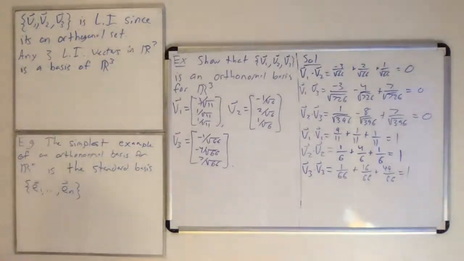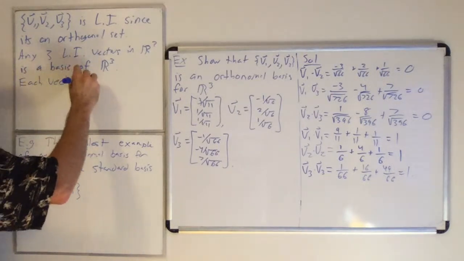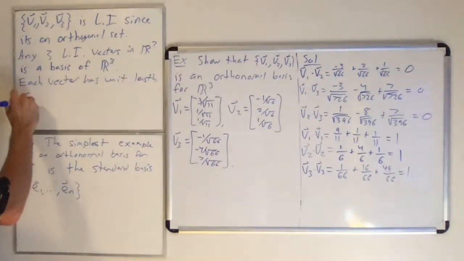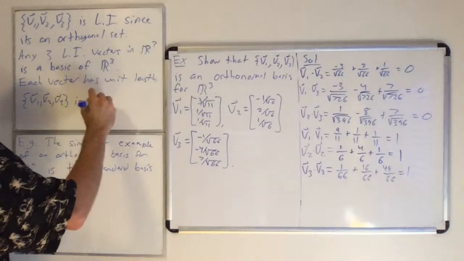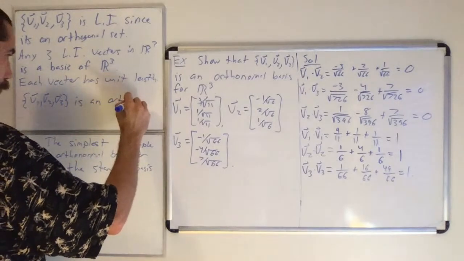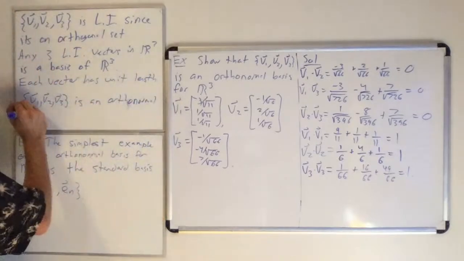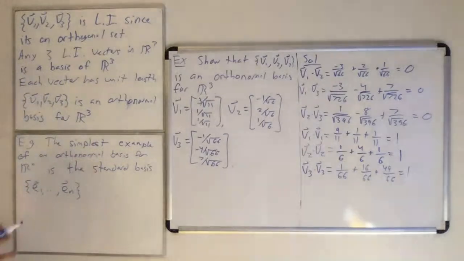Right, that's the dimension argument. So we showed it's a basis, and each vector has unit length. So we can conclude that V1, V2, V3 is an orthonormal basis for R3.